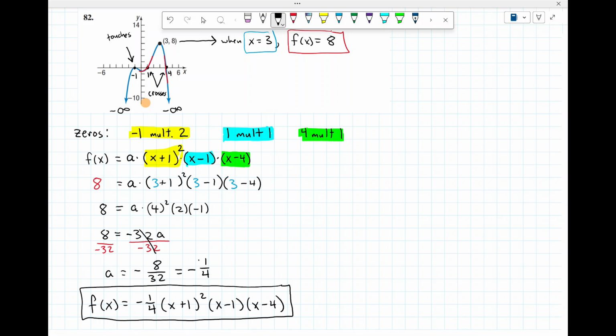If you have a graph of a polynomial, remember, just start by finding all of the x-intercepts, aka the zeros, and find your equation in factored form. And if you are given a point on the graph besides one of the x-intercepts, you can use that to solve for the lead coefficient of that polynomial, aka in this case we called that lead coefficient a.